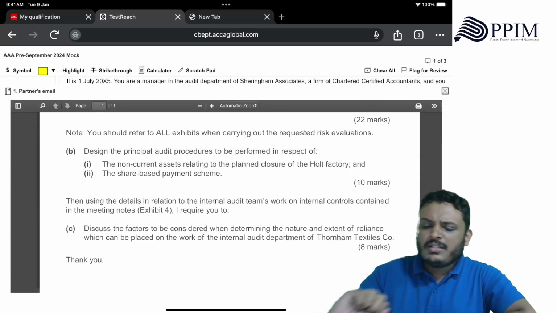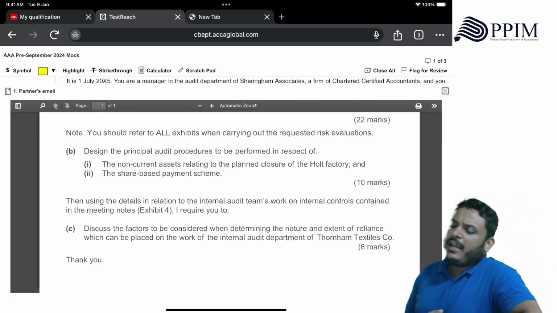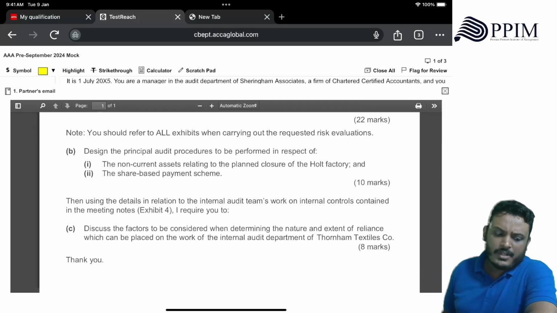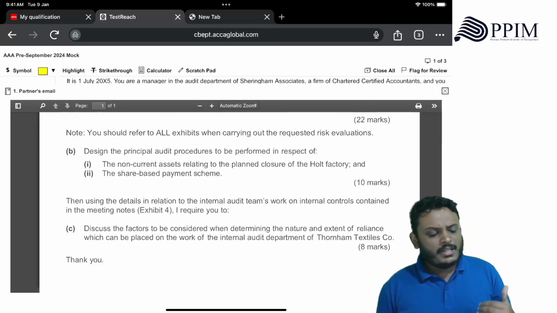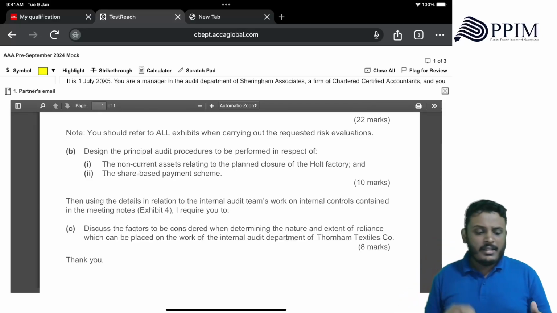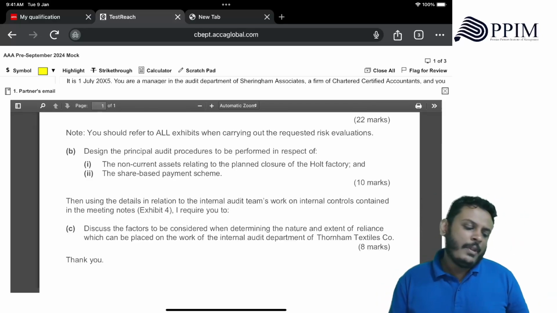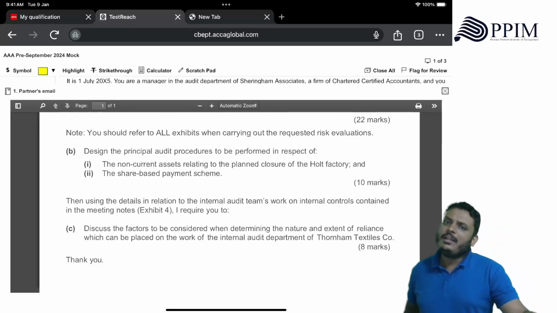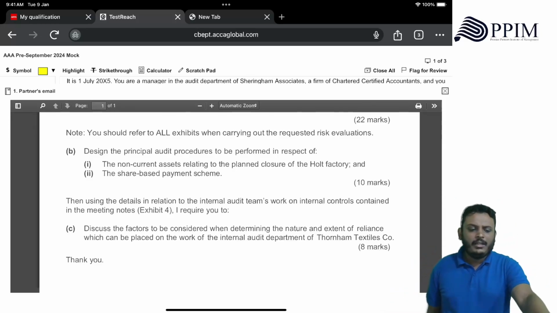The second question is the non-current asset relating to planned closure of whole factory. When we are writing procedures, students, don't forget IFRS 5 non-current asset held for sale. Active market should be there. We should advertise sufficiently. That should be separately identified in the financial statements, whatever the assets that we're going to sell. And also there is a reasonable confirmation within like 1 year period.